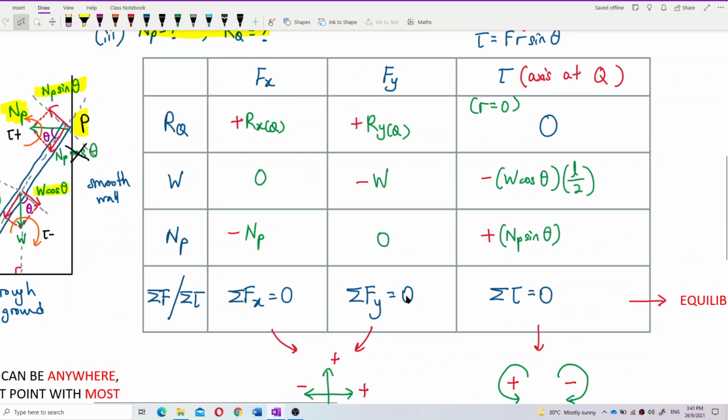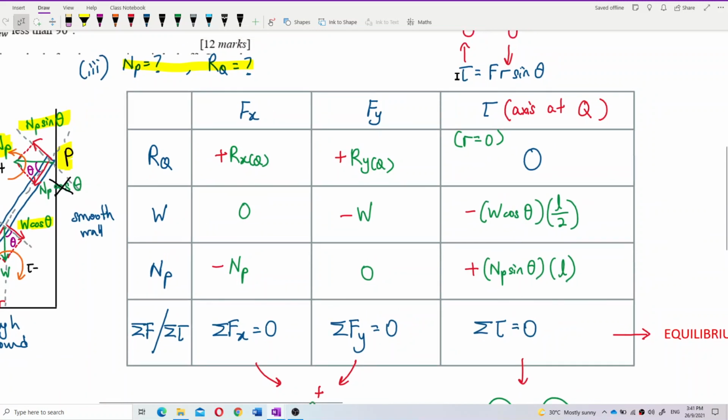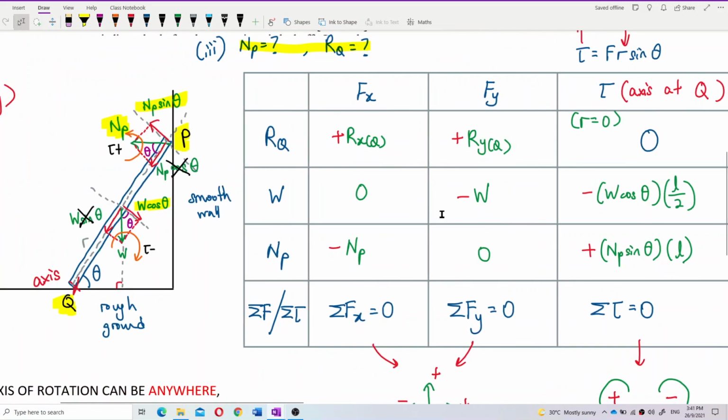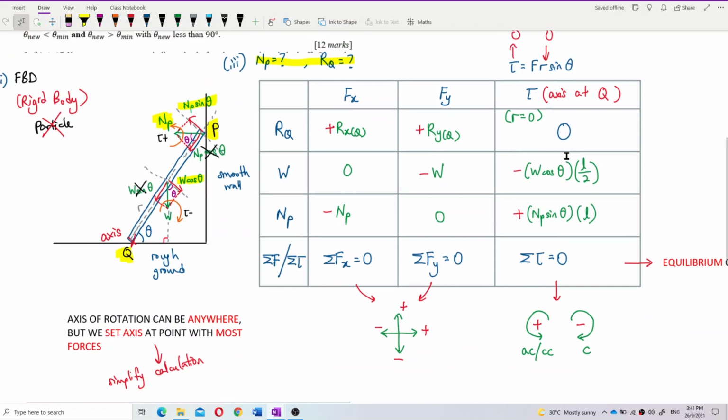Remember that. So using the formula F R sine theta, we got this. This is our torque for point P. So we already got all the forces here.